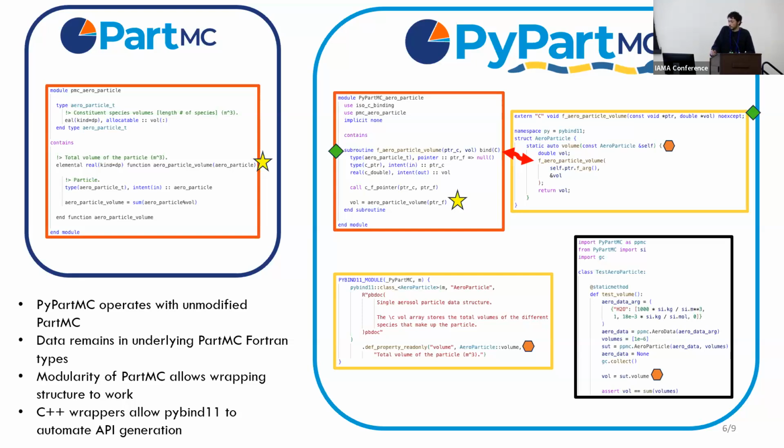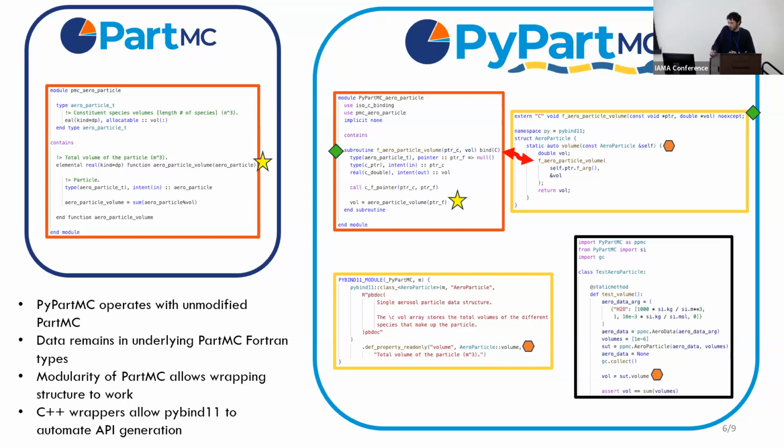The job of this C++ wrapper is now to call our Fortran wrapper that we just defined. And the reason this all works is because of Fortran's interoperability with C. So we bind through C in both Fortran and C++. And then we can have a C++ wrapper that calls a Fortran wrapper that calls our native PartMC function.